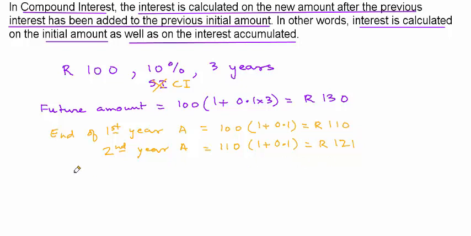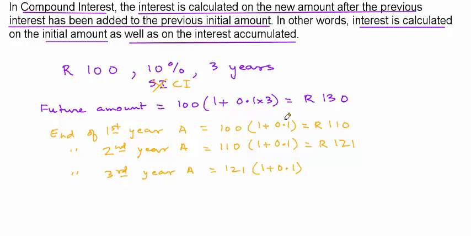And at the end of the third year, the final amount is equal to 121 times 1 plus 0.1. So each time the interest is being calculated on a new amount, it's 100 to begin with.